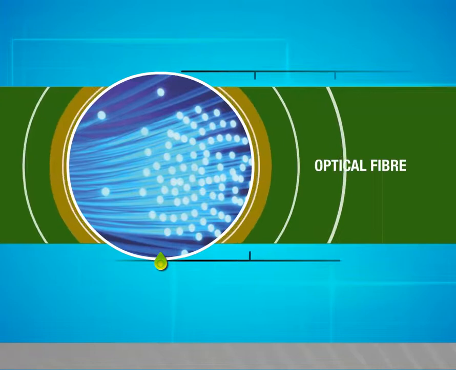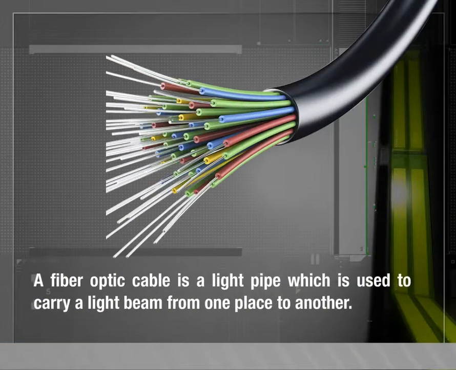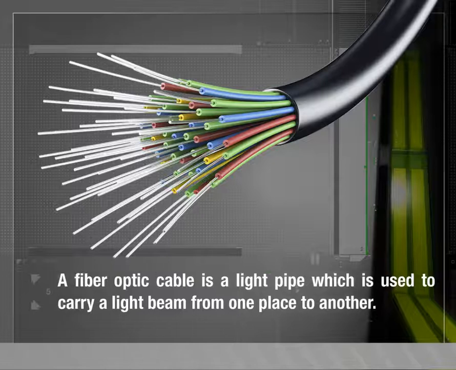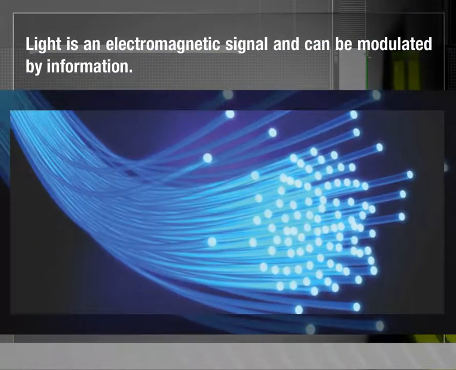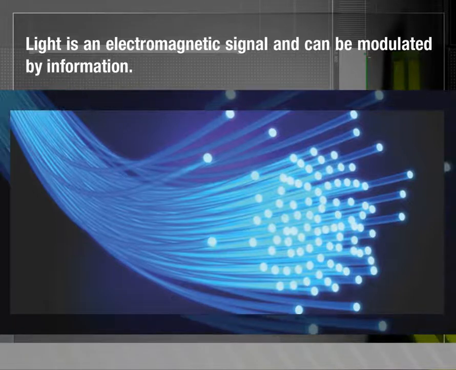Optical fiber. In this video, we are going to see about optical fiber. A fiber optic cable is a light pipe which is used to carry a light beam from one place to another. Light is an electromagnetic signal and can be modulated by information.